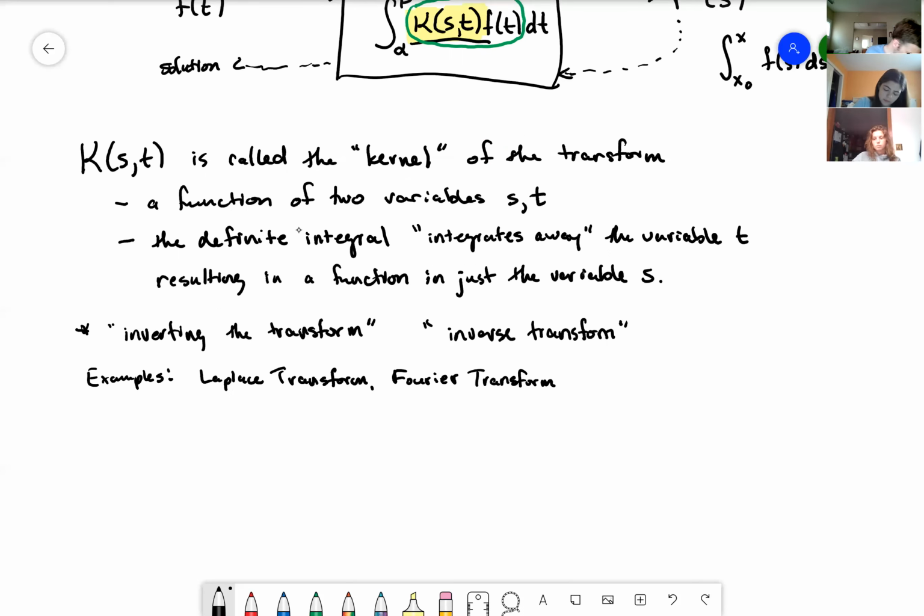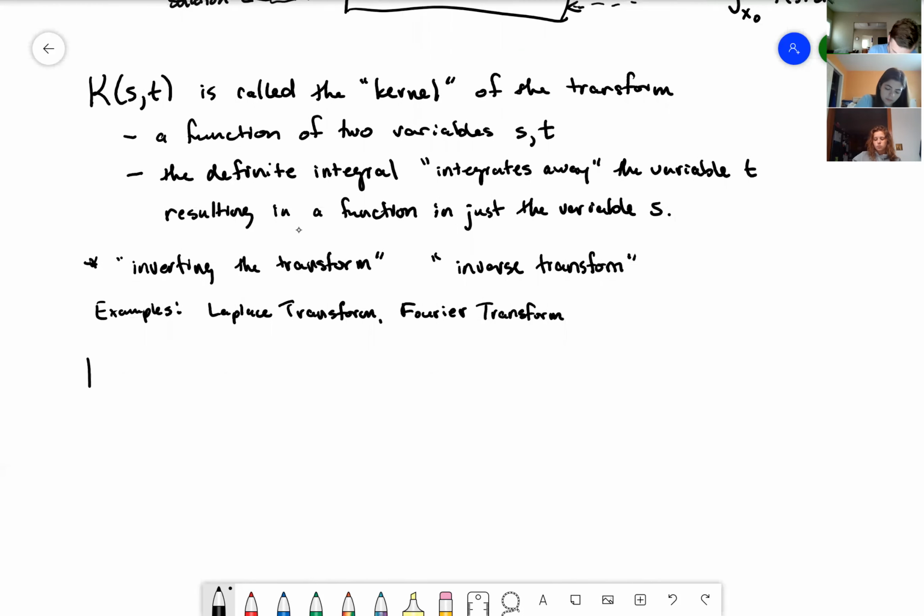These are very closely related. Okay. And by the way, this is pronounced Laplace, not Laplace. That's something you can tell people at parties.